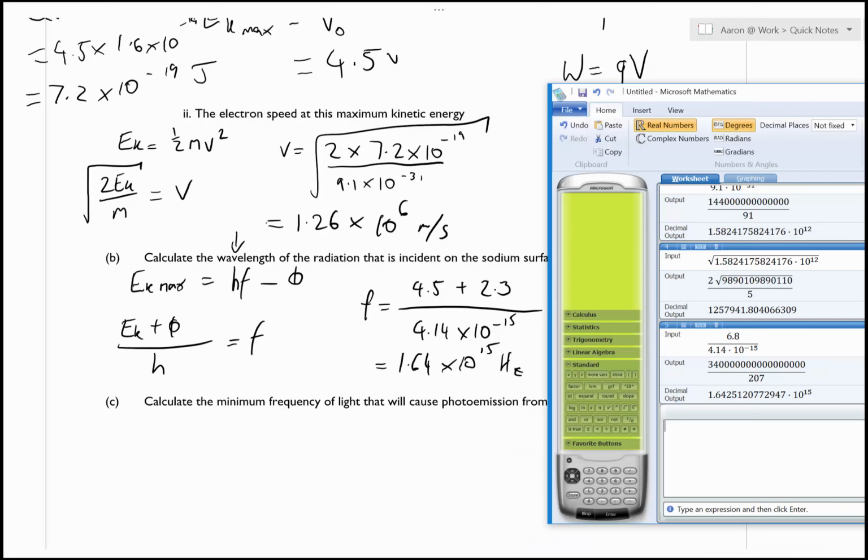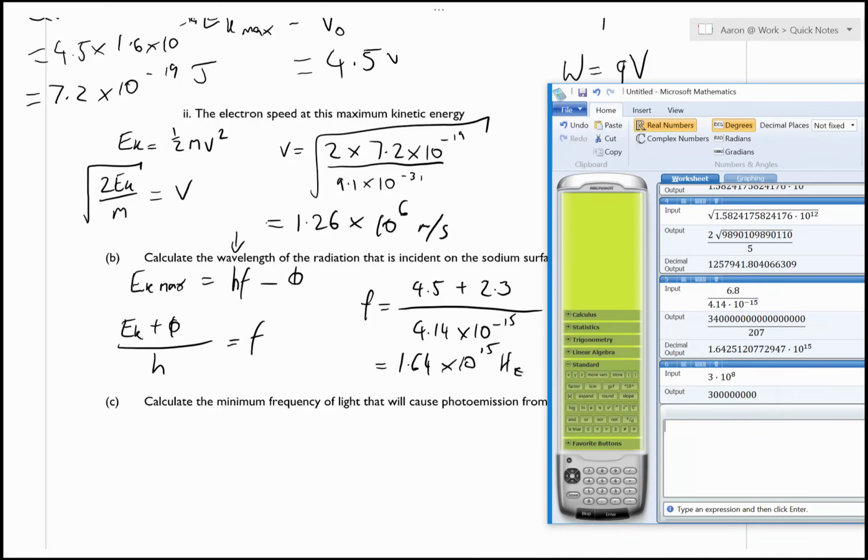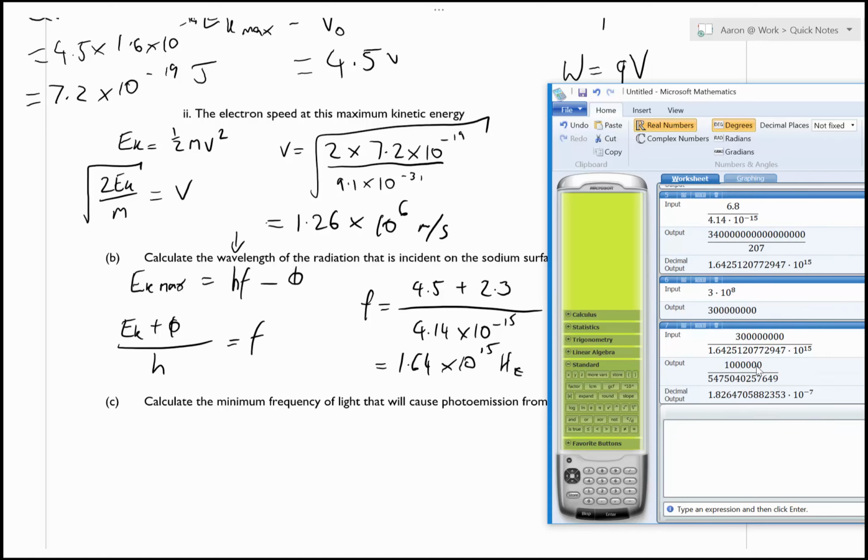So 3 times 10 to the power of 8, divided by this one, and we get 1.83 times 10 to the negative 7.